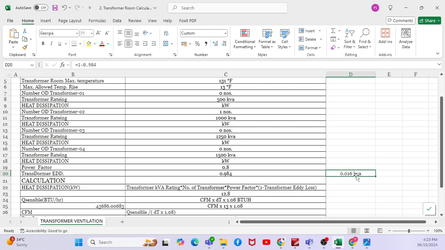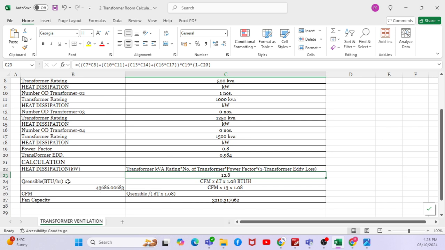That will be the loss. Clear, right? So now to calculate your heat dissipation, transformer kVA rating, which is 1250 or 1000 or 500, multiplied by number of transformers, multiplied by power factor, multiplied by 1 minus transformer eddy loss. In that way, you can calculate your heat dissipation.